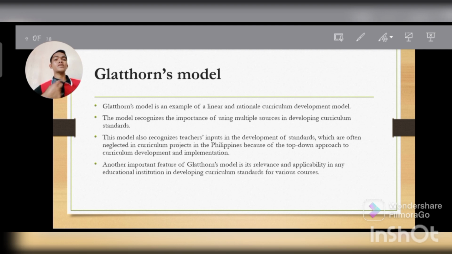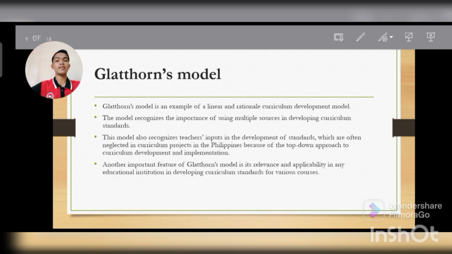Another important feature of Glatthorn's model is its relevance and applicability in any educational institution in developing curriculum standards for various courses.